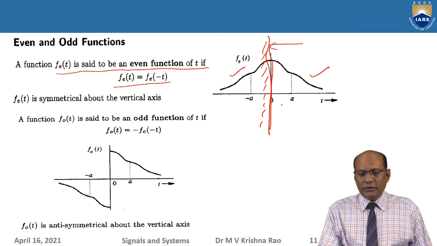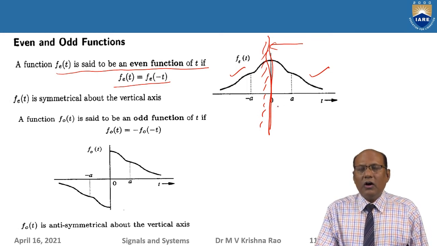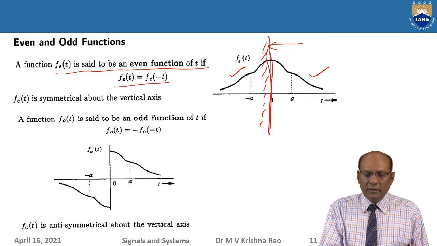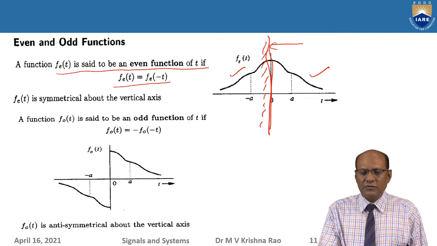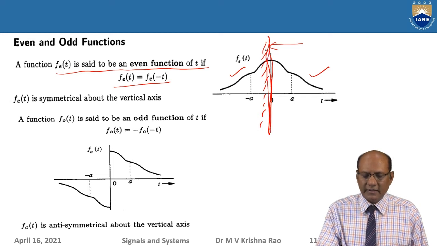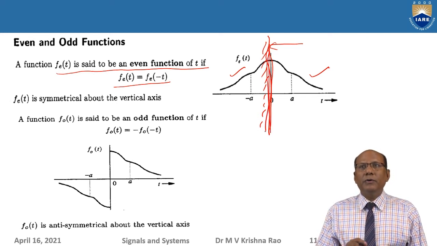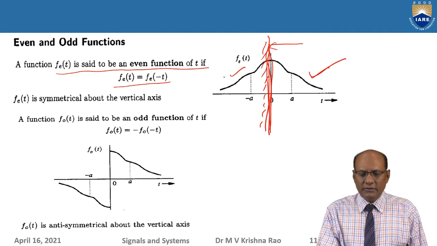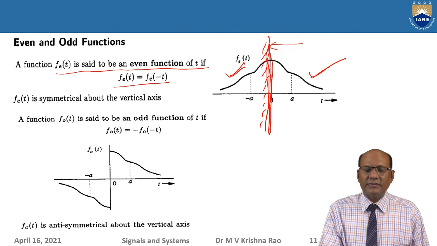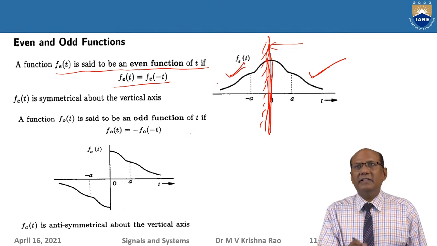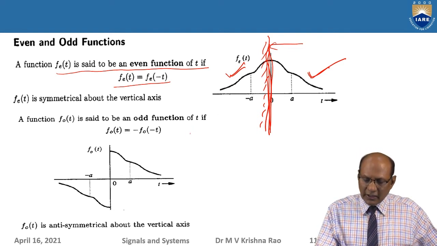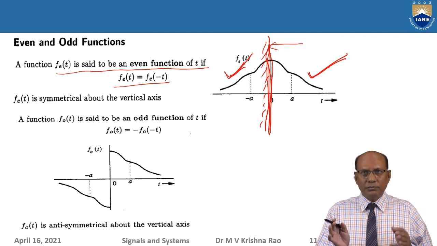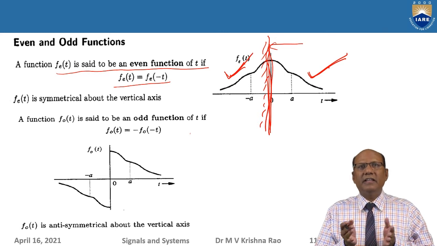So a function is called an even function if at some reference point, here it is the y-axis, I can put a mirror, and one part of the signal appears as the image inside the mirror. So the actual signal combined with its image, both put together, I call an even function.